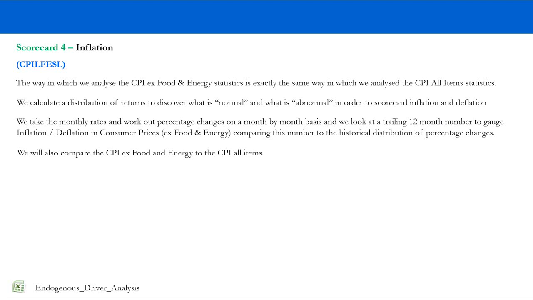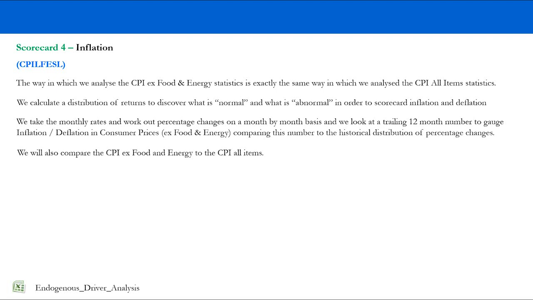The way in which we analyze the CPI ex food and energy stats is exactly the same way in which we analyze the CPI all items stats. We calculate a distribution of returns to discover what is normal and what is abnormal in order to scorecard inflation and deflation on our scale.